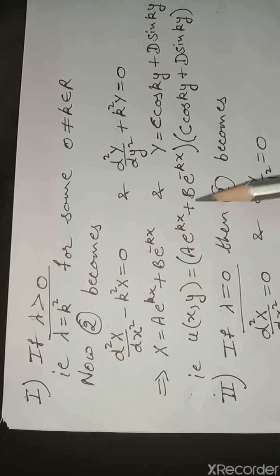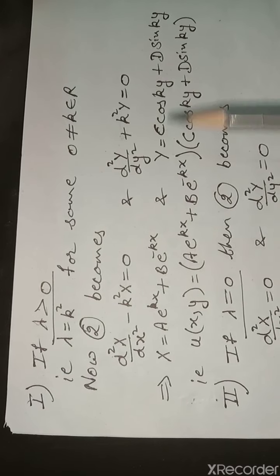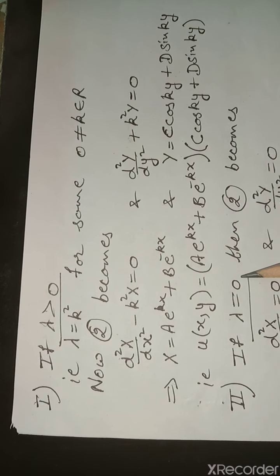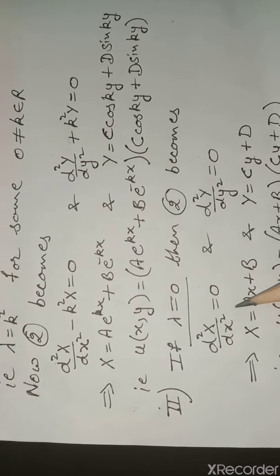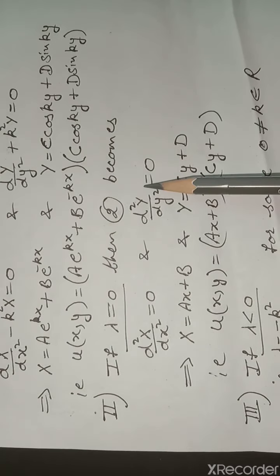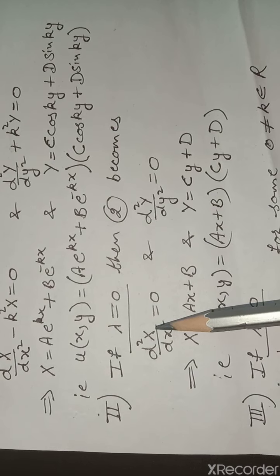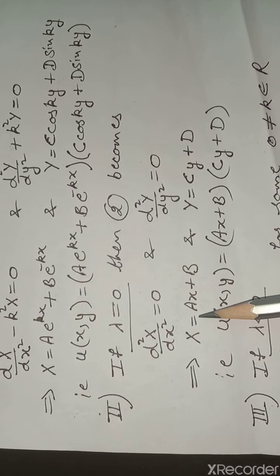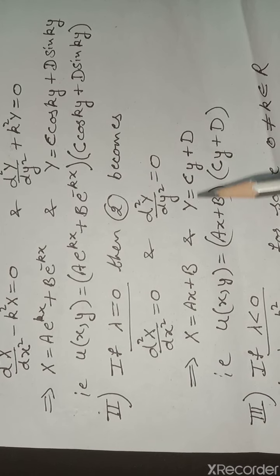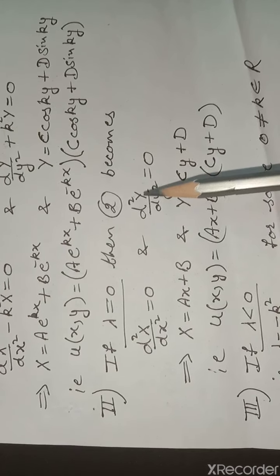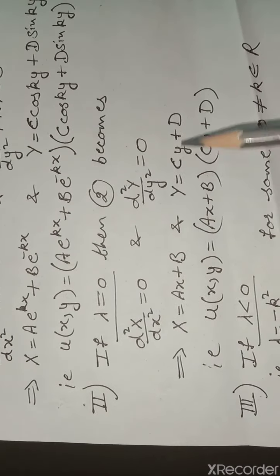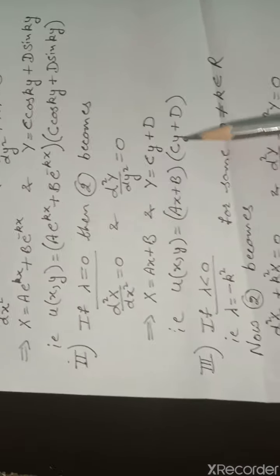So here we have multiplied the two, this is X and this is Y. Now if lambda is equal to 0, then the two ordinary differential equations are nothing but these two. Okay. Now this differential equation will have this solution, and this differential equation has this solution by integrating 2 times. Now u is a product of X and Y.